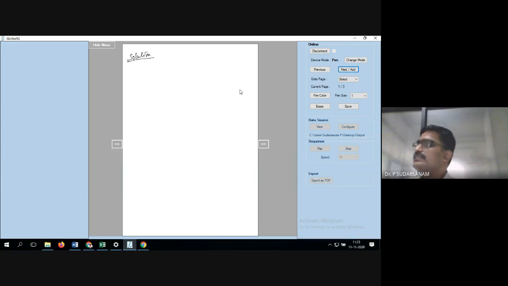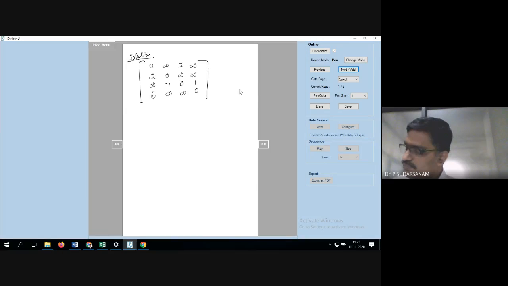So the matrix is 0, infinity, 3, infinity, 2, 0, infinity, infinity, infinity, 7, 0, 1, 6, infinity, infinity, 0. I hope if I write this size, it may be visible properly.